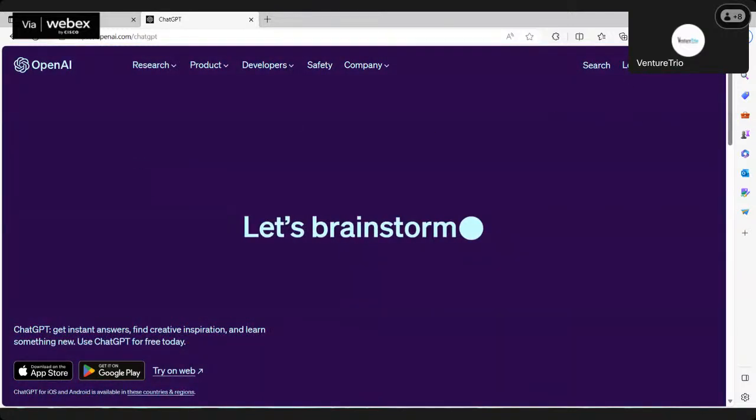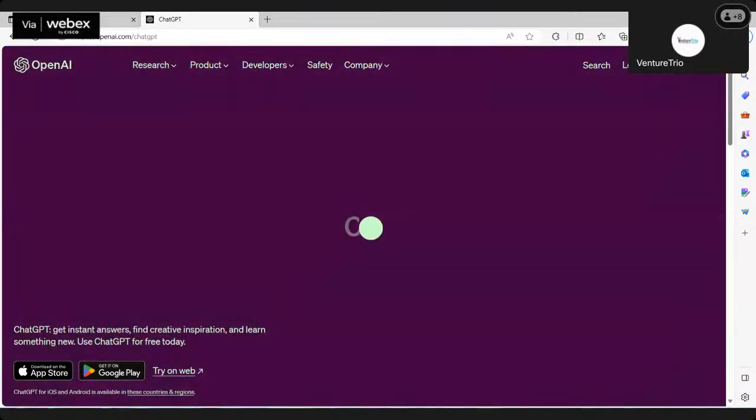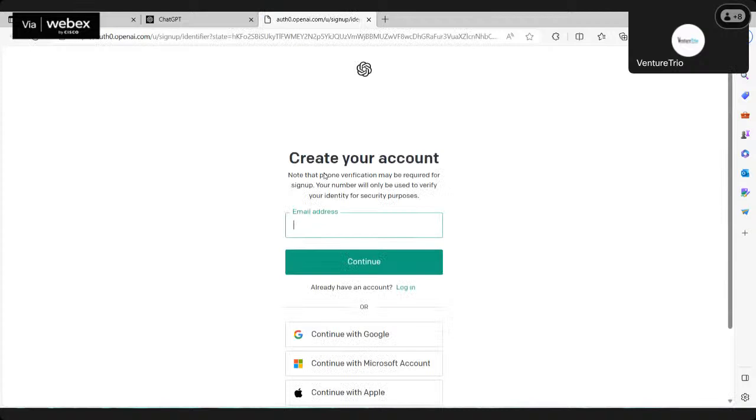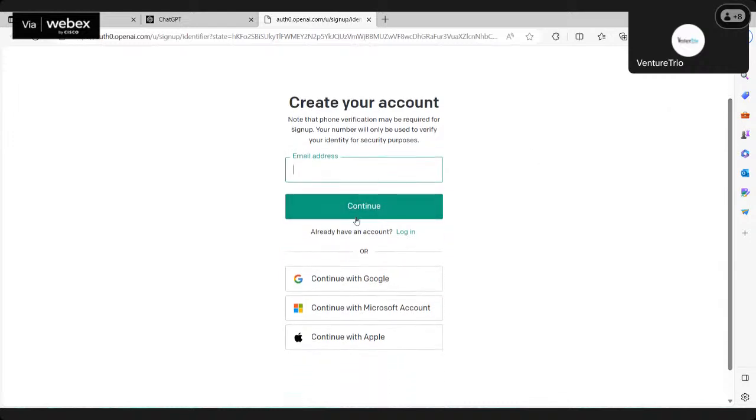Right? Here we have to click login and sign up. If we registered earlier, we click on login. If we are new, then we have to click on sign up. After clicking sign up, this type of window opens here. We have to create your account. If you have an email ID, you have to put your email ID here.